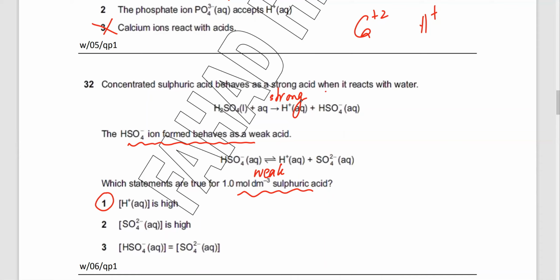Give me a figure. How much H+ ions would be produced if you're starting with 1 mole per decimeter cube? Ibrar, any answer?